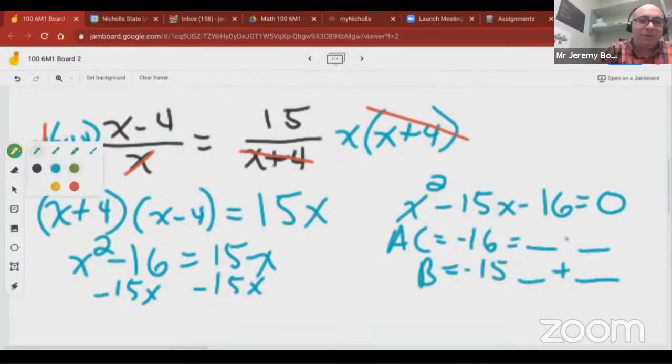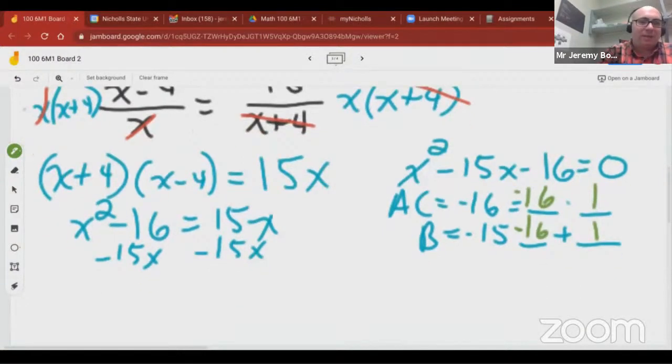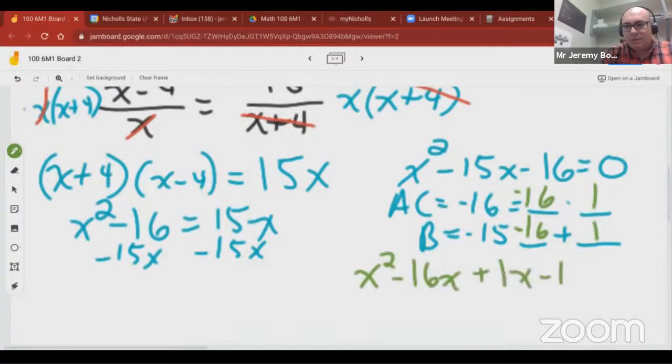It took a while to figure this one out, but it's going to be 16 and 1, and it should be a negative 16. And so let's rewrite that. Well, we're doing green now. And it's just going to be x squared minus 16x plus 1x minus 16 is equal to 0.